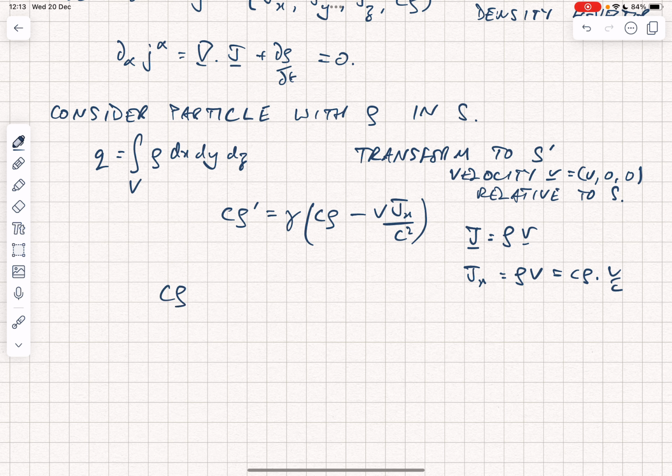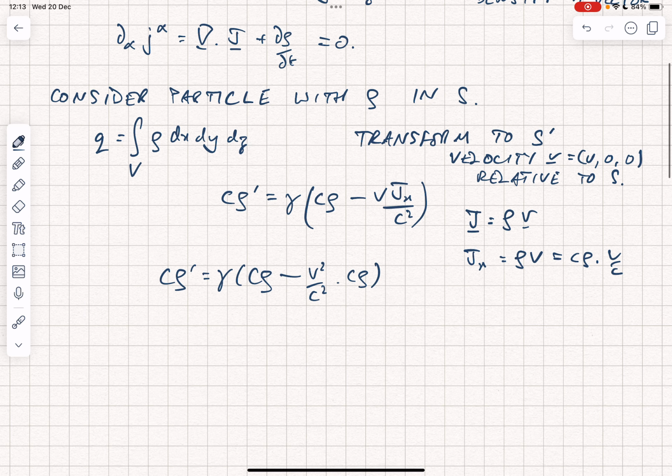So we now write c rho prime is equal to gamma into c rho minus v squared over c squared times c rho. You can follow those little bits through if you want. And that is equal to c rho into 1 minus v squared over c squared times gamma.